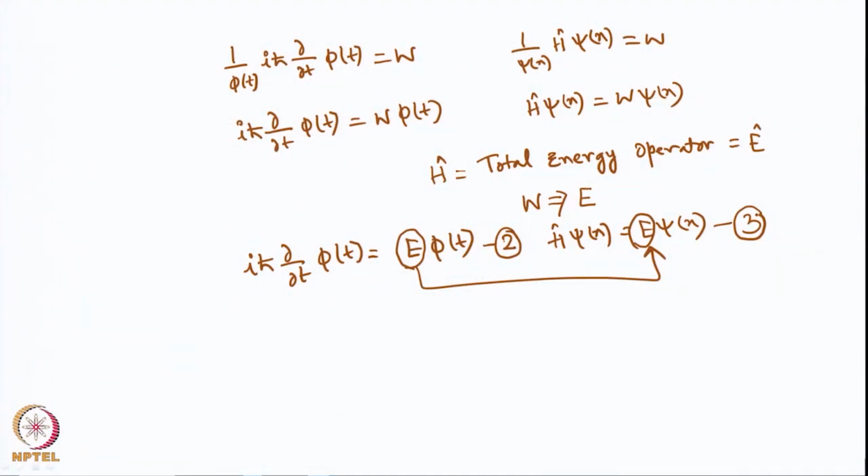You will realize that equation number 3 is nothing but the time independent Schrodinger equation, H psi of x is equal to E psi of x, generically written as H psi equals E psi.